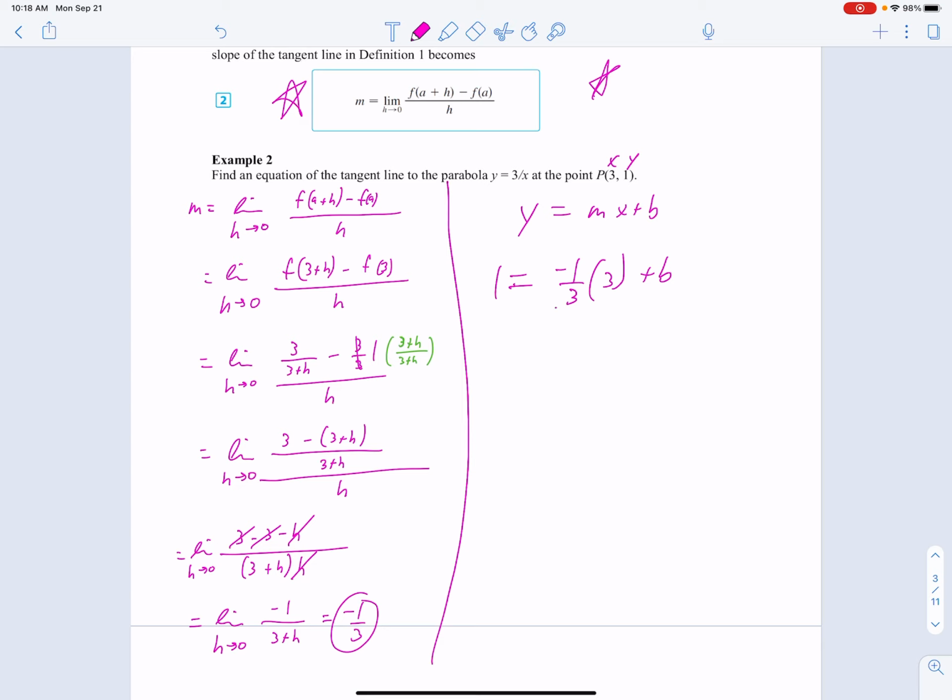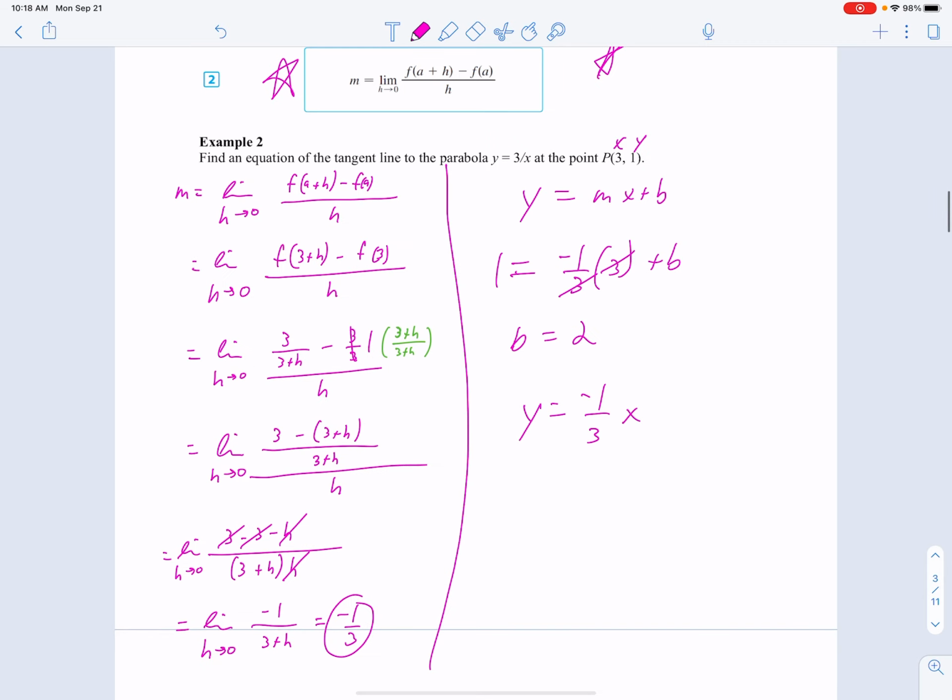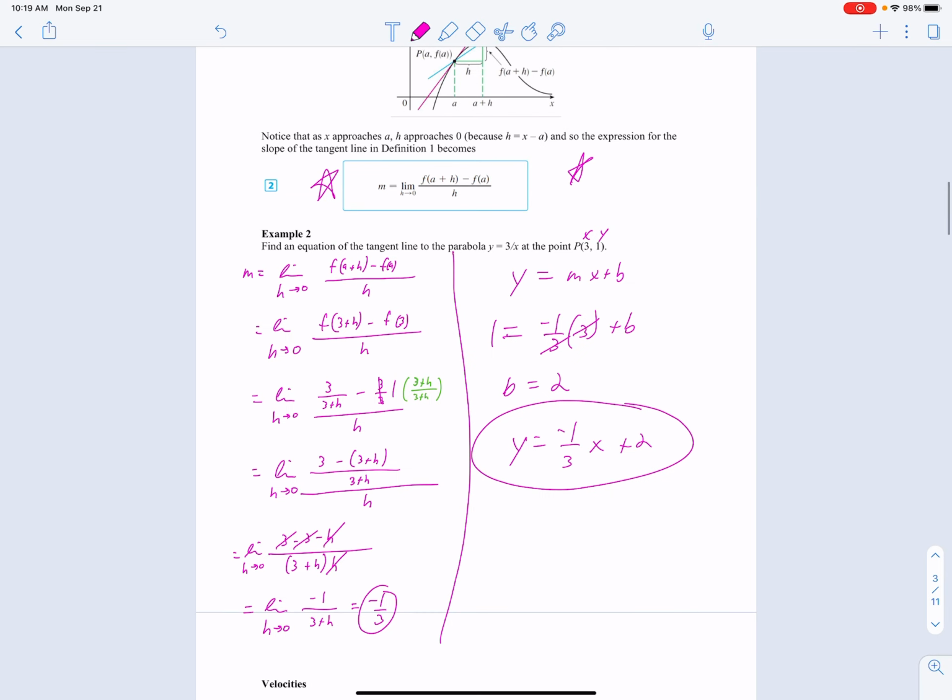B is what we're trying to find. 3 over 3 reduces away. So we'll add 1. So B equals 2, it looks like, right? Sounds good to me. All right, and there we go. Y equals negative 1/3 x plus 2. And there you go. That is the equation of the tangent line to the curve 3 over x at the point 3, 1.